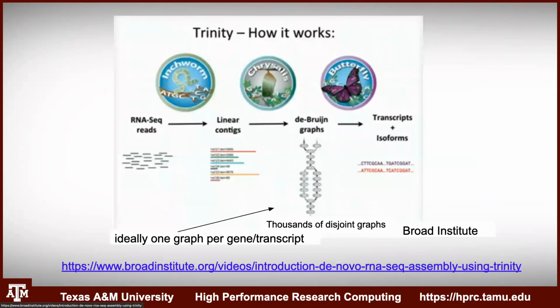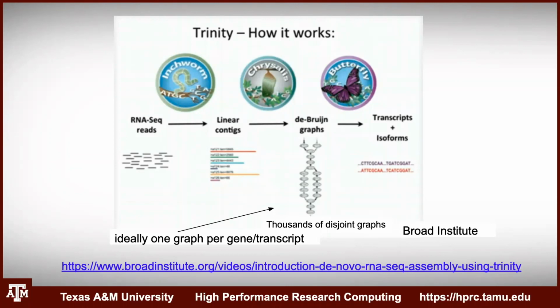So how Trinity works, it's named Trinity because there are 3 stages. Essentially, Inchworm takes the raw reads and makes linear contigs. Chrysalis essentially clusters these contigs, and Butterfly creates the actual final transcripts and isoforms.